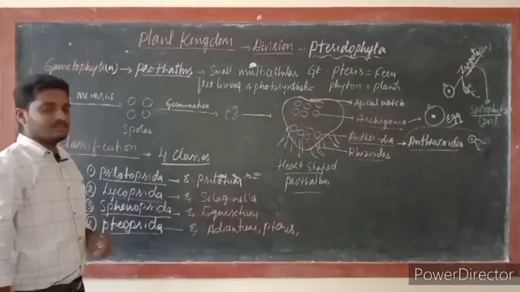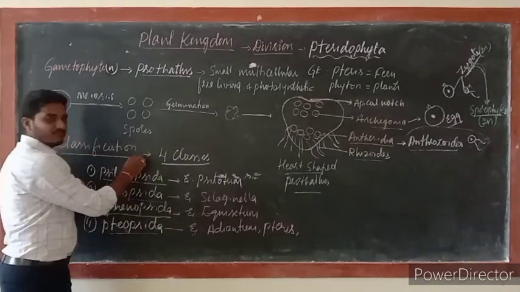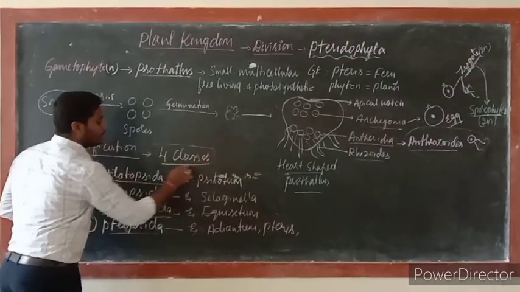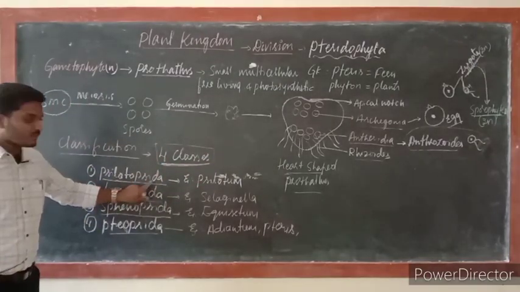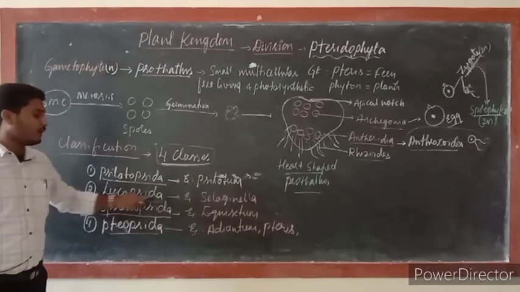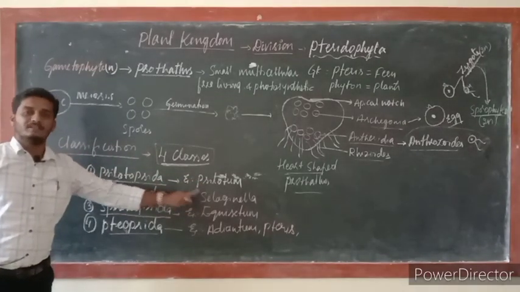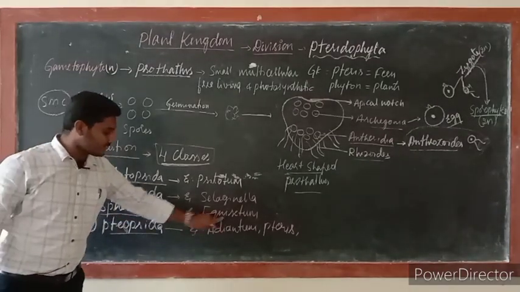So when we think of classification, it is divided into four classes. The first, class Psilopsida, example Psilotum. Second, class Lycopsida, example Selaginella. The third, class Sphenopsida, example Equisetum.